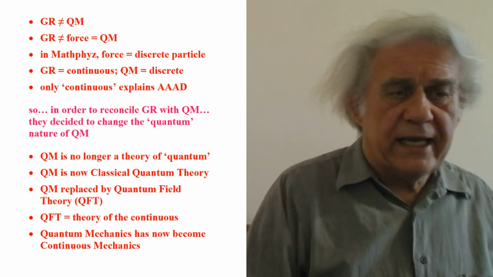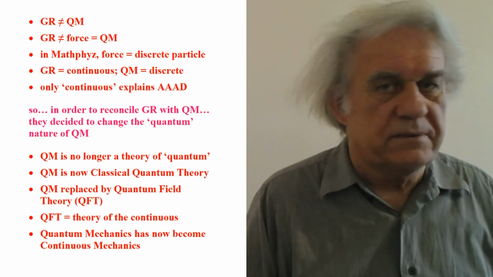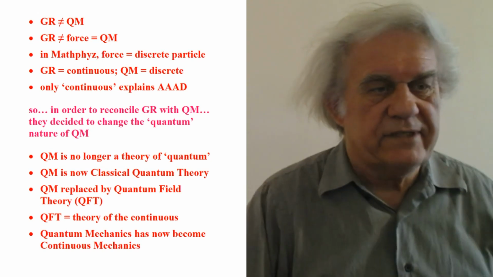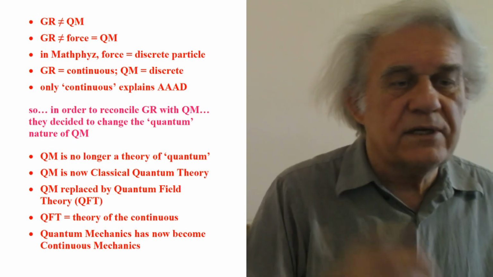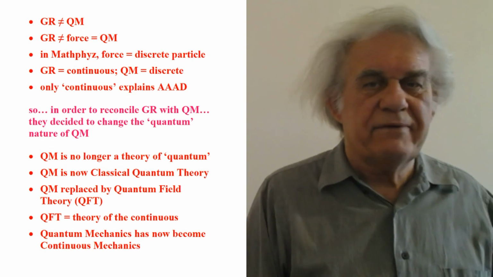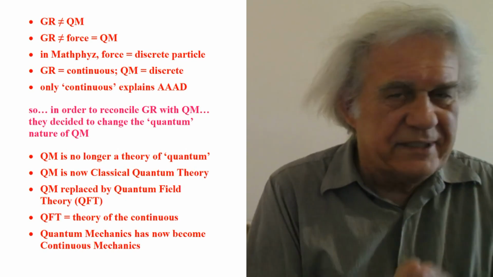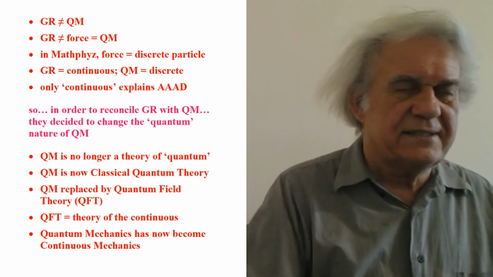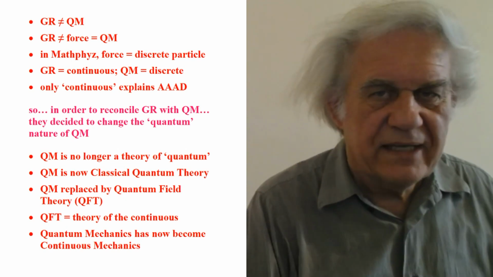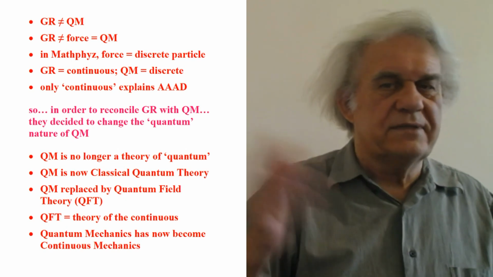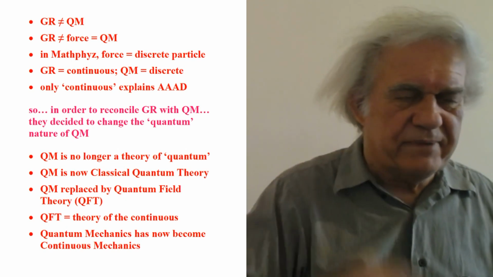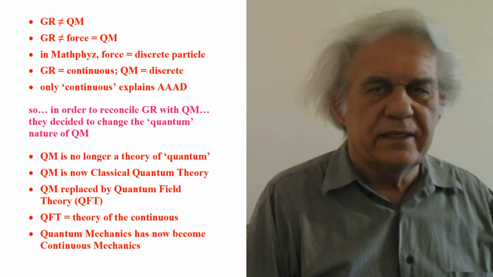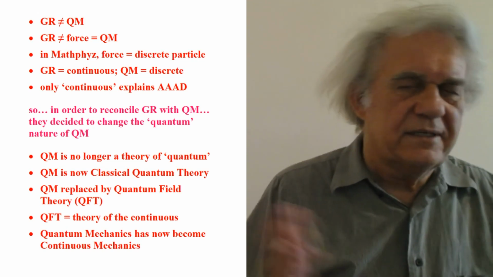So quantum mechanics is no longer a theory of quantum. The version we have today, quantum mechanics, is now classical quantum theory. Whenever they put the word classical, it means nobody can pay attention to that anymore. You have classical mechanics, that's studied maybe until high school, and after that they don't touch it anymore. Maybe they touch upon it like a review in college, but in general it's left behind.